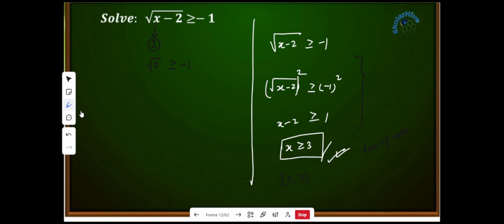To avoid this loss of roots, what we'll do is we'll look for only things over here like x minus 2 to be either 0 or greater than 0. It means if any values of x we are taking greater than 2 or equal to 2 over here, then a square root will be defined and a square root value will be positive.